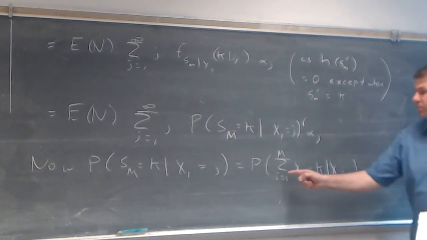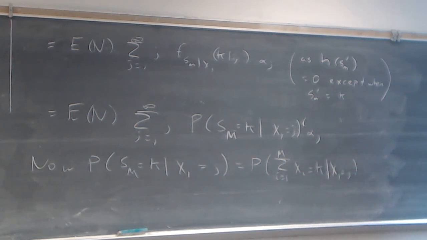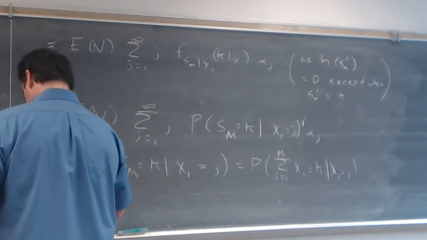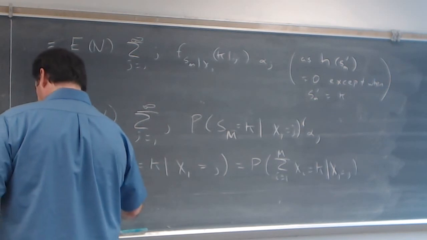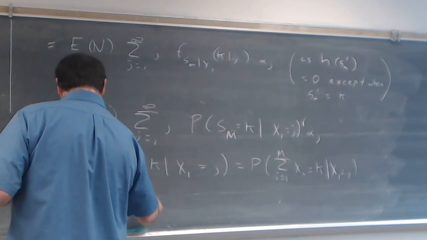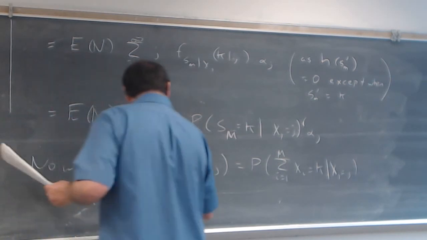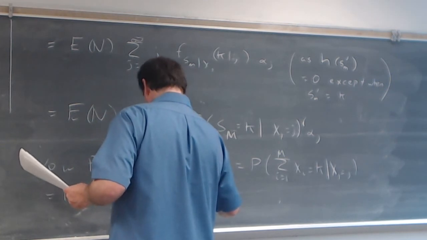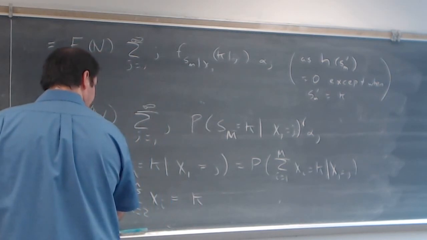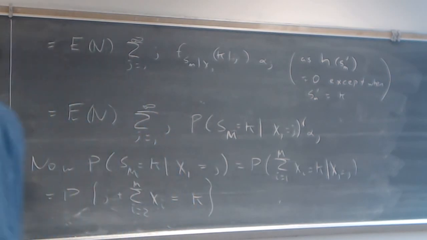So all I did here was replace what S of M is given by this sum. That's equal to the probability of j plus the sum as i runs from 2 to M of X sub i is equal to k. So we know X sub 1 is j. We're given that, and so we put ourselves in that position. This is the probability we're being asked.